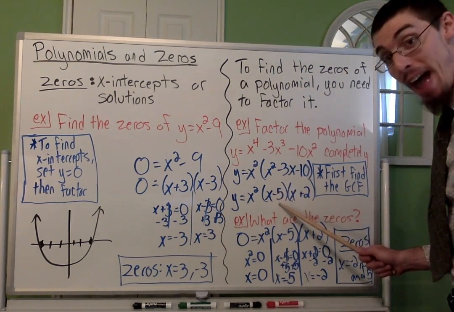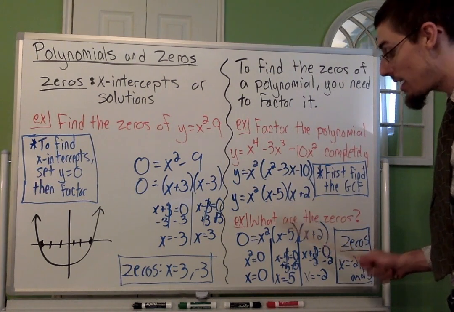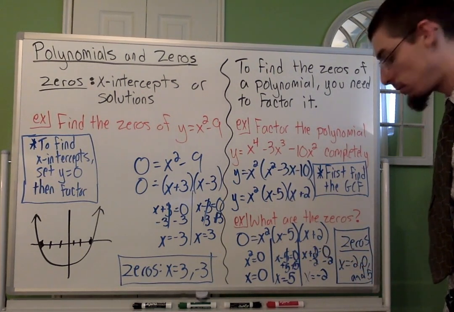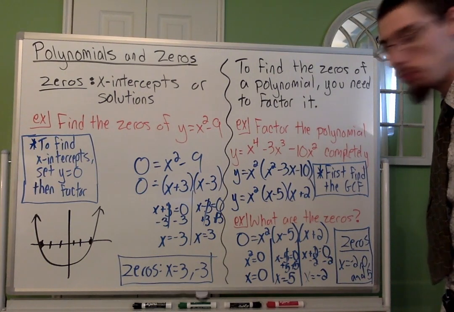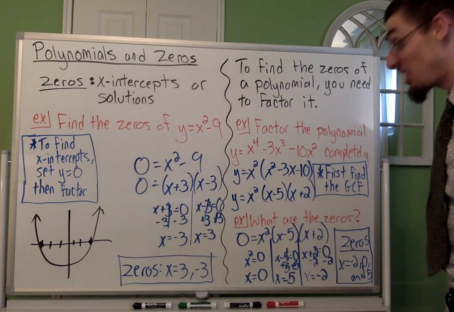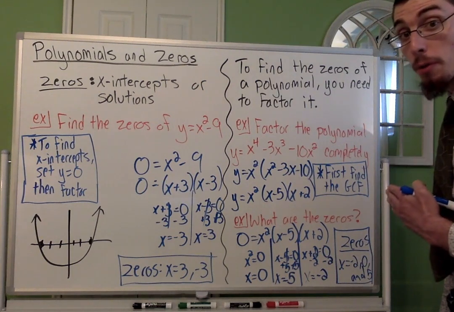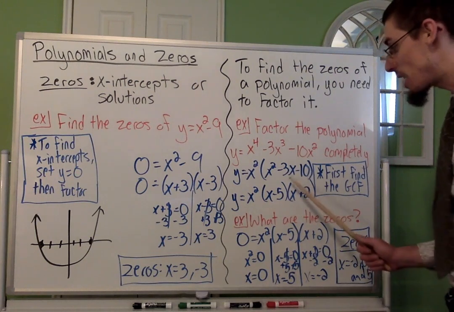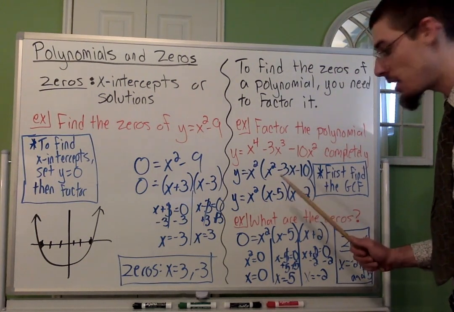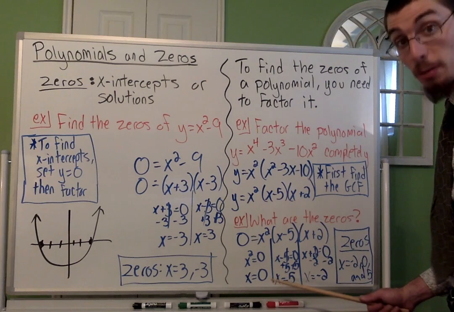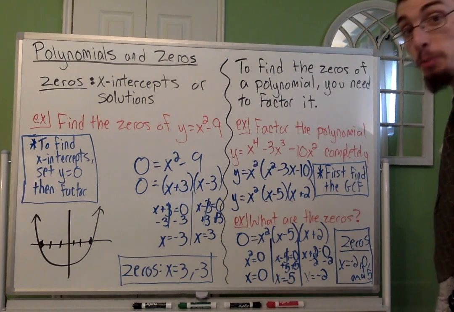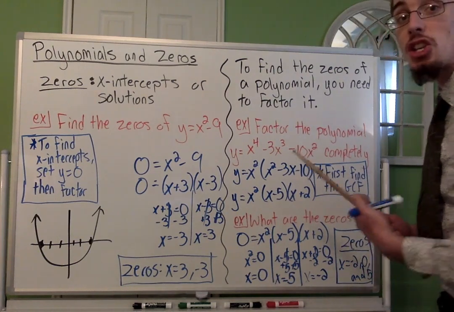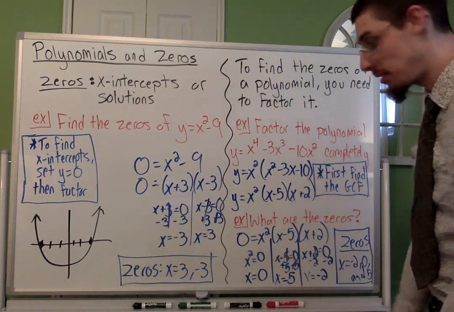We then factor the remaining quadratic, and then you set each one equal to 0. It's not really that difficult. Honestly, the only reason this would be hard for you is if you don't know how to factor. If you can't factor properly, this is going to be extremely difficult. That's why we spent all of that time learning how to factor, so we could use it in these later lessons.